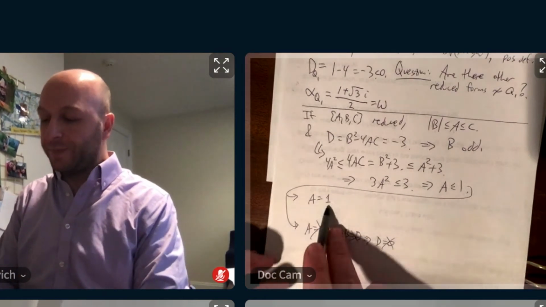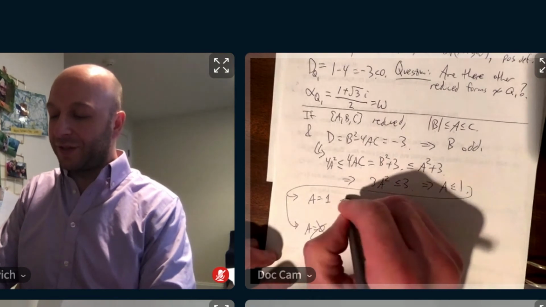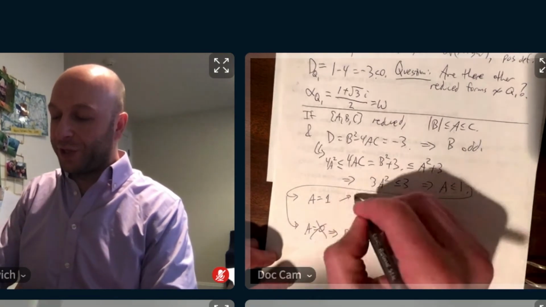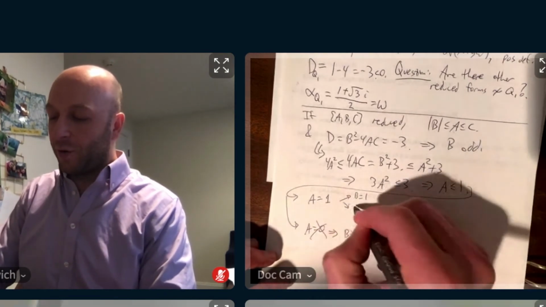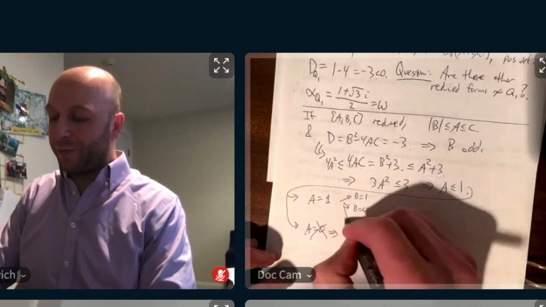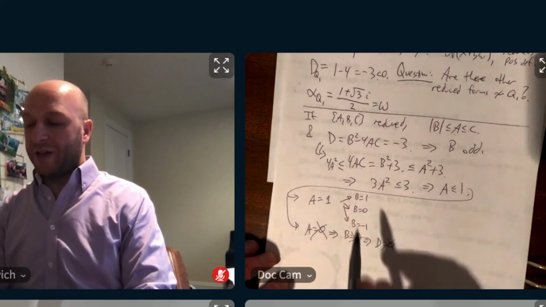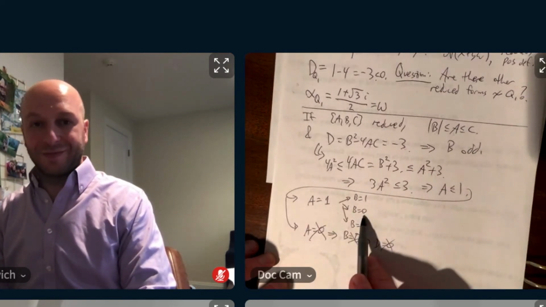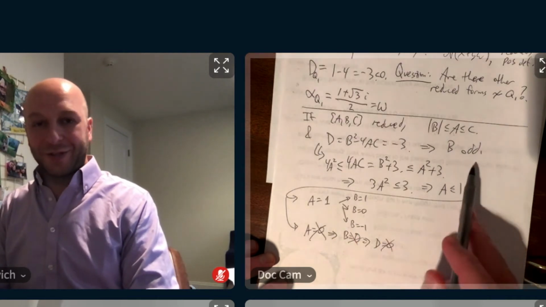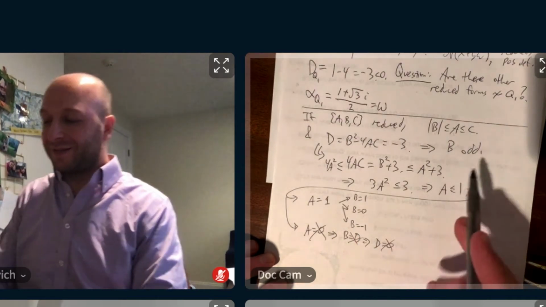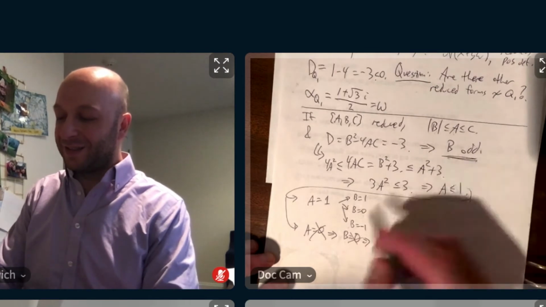So A is 1. That gives us three options for B, which is B is plus 1, or B is 0, or B is minus 1. Can B be 0? Devendra says no, because B is odd. So B is odd, so B can't be 0.